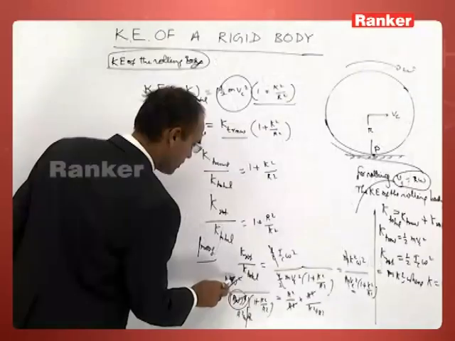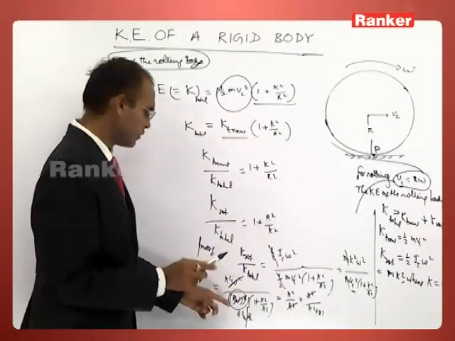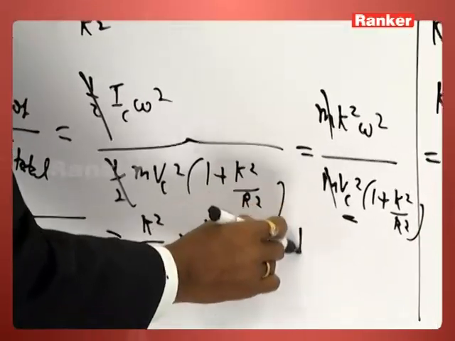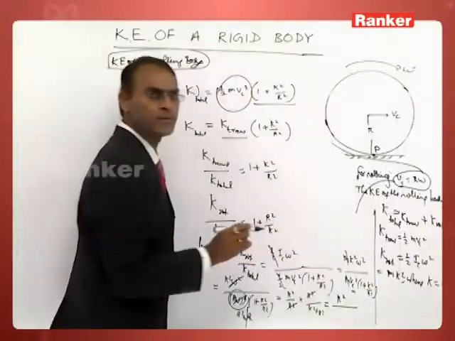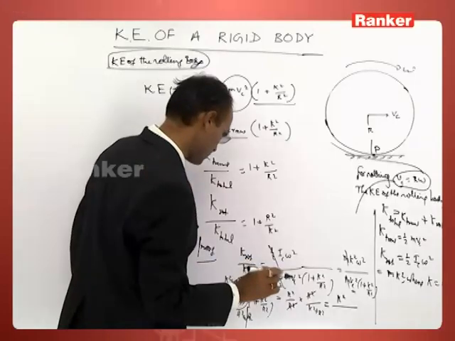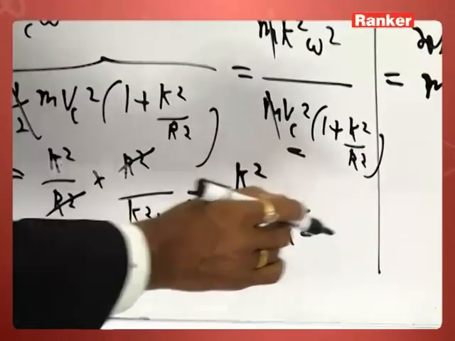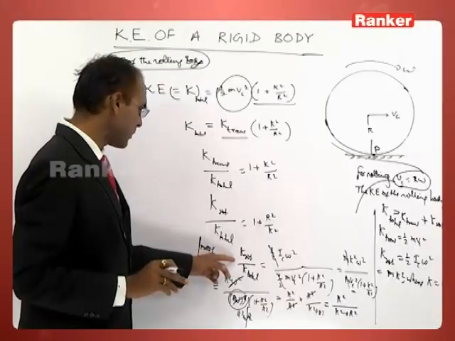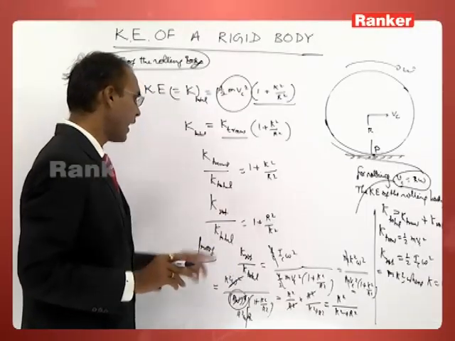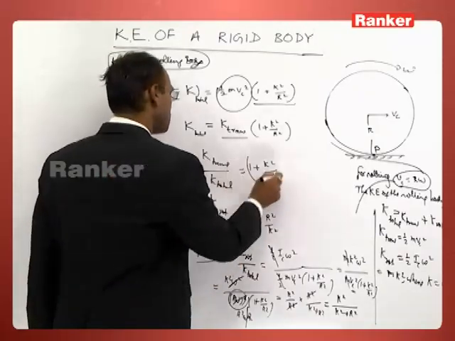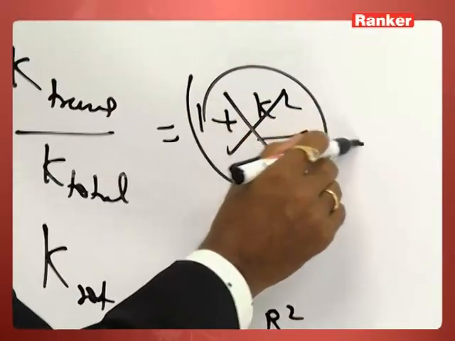Cancel this omega square in numerator and denominator, you are getting k square by k square plus r square. So rotational kinetic energy upon total kinetic energy is equal to k square by k square plus r square.